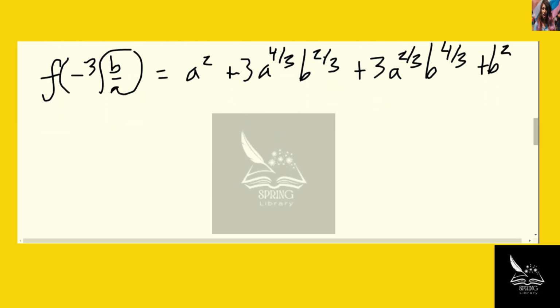So I'm skipping some steps here. But then the length is the square root of this.